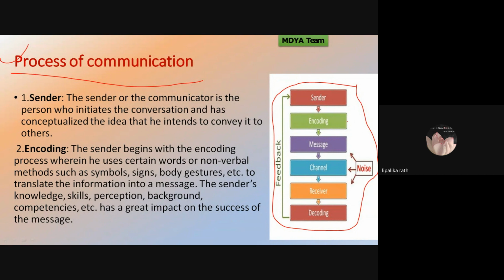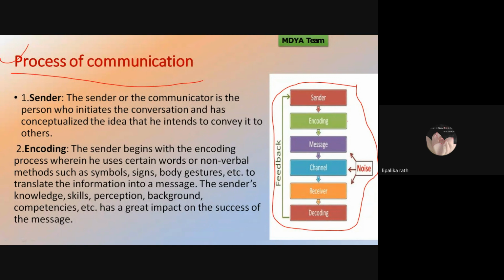Then the receiver receives the message. Then the receiver starts to decode the message he received. Then he or she will give a response, encode it, and send that message by the media.